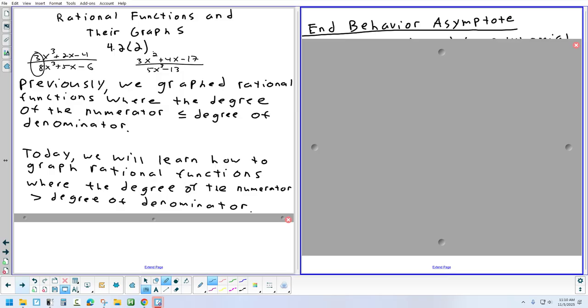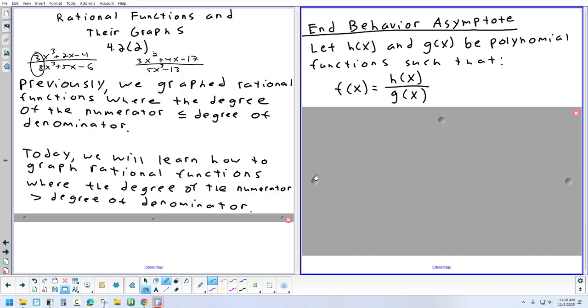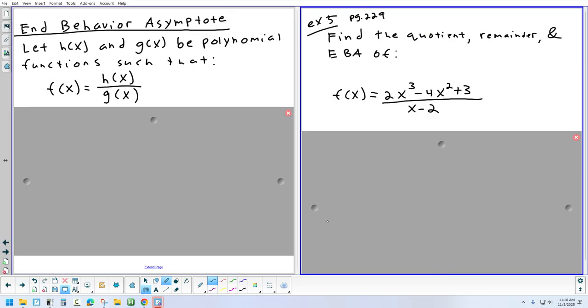That's different. Okay, the EBA. So we're still going to look at the same kind of problems that we had yesterday. You're going to have a polynomial in the top, and a polynomial in the bottom. So here's an example of a problem, just like that. The only difference today is the degree in the top is bigger than the degree in the bottom.